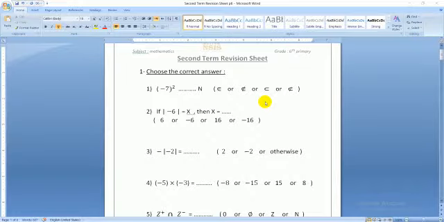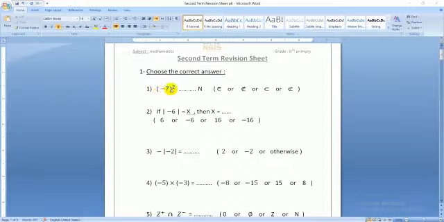Okay, let's start our revision sheet. Number 1, negative 7 power 2, dots, n. n refers to natural numbers. Don't forget, an even power flies the negative sign.